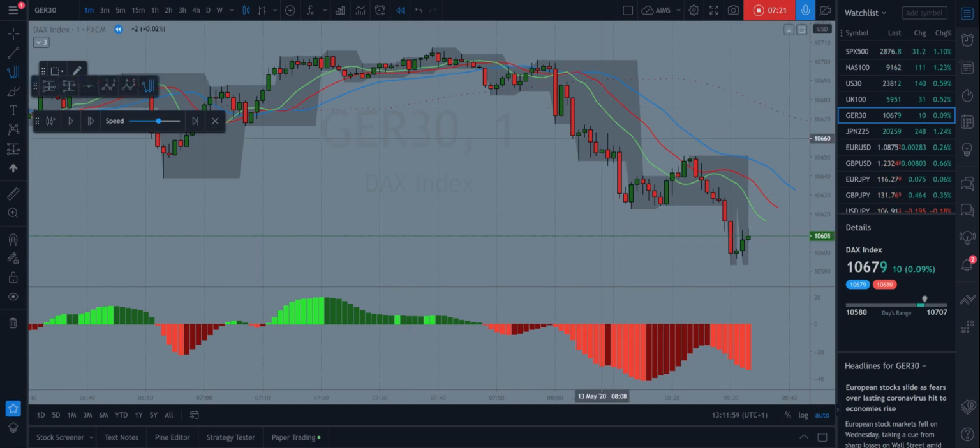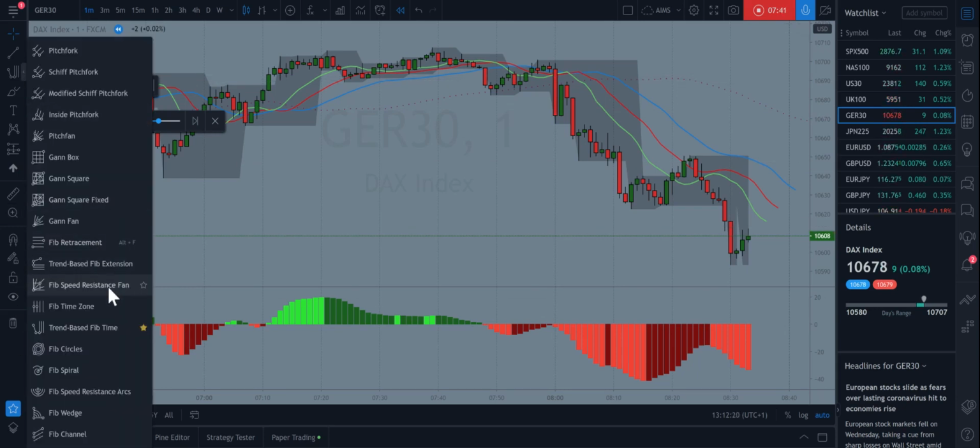All right. So we will start from there because that's the start of wave 3. What am I using? Okay. Let's delete that. And we will go to trend based fib time.